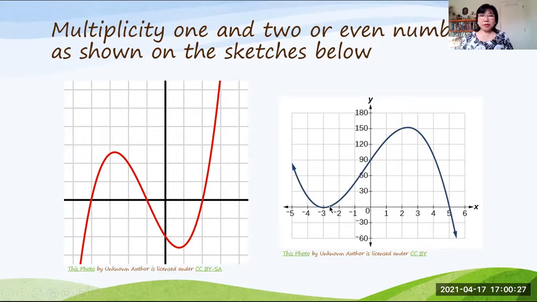Let's make an observation for the next graph. For the next graph, you see that this graph touches the axis at one point, -3 right here. And therefore, we call this a multiplicity 2.